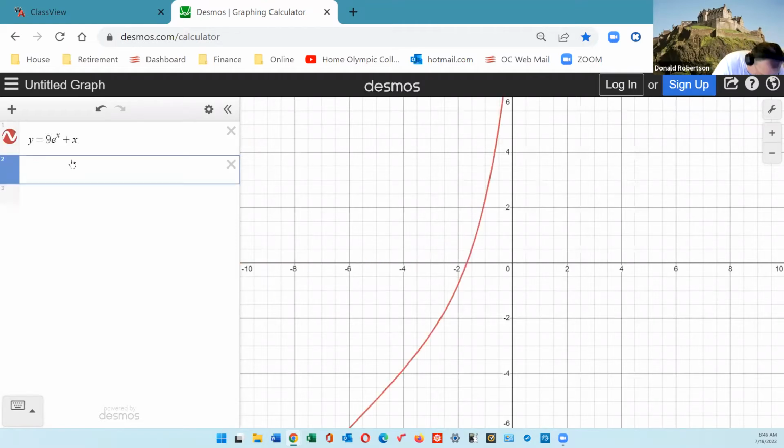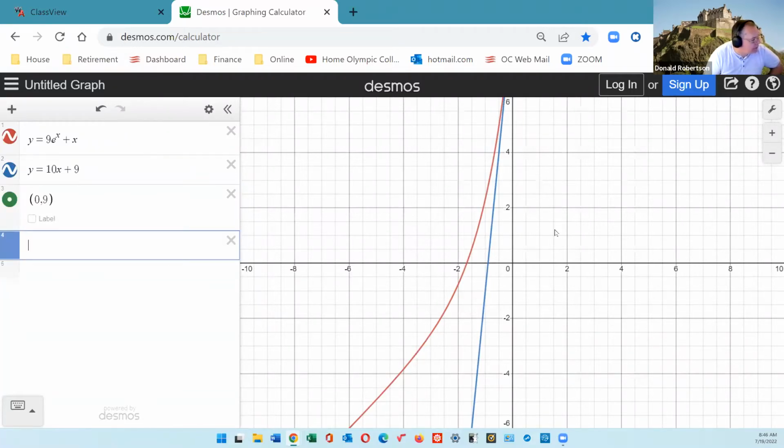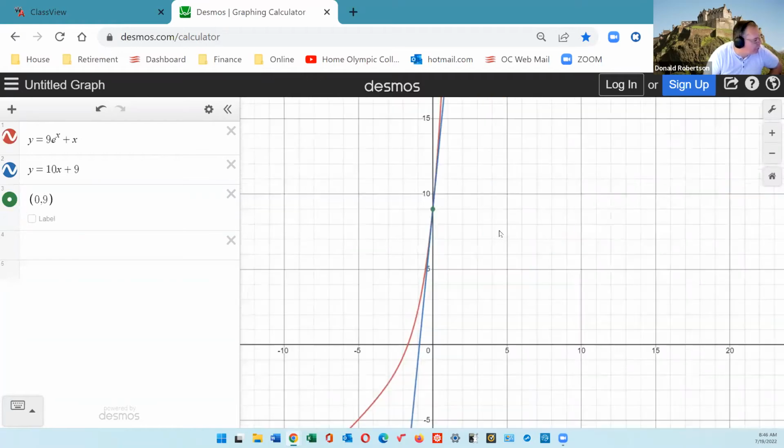The tangent line is y equals 10x plus 9. And the point that we're interested in is 0, 9.